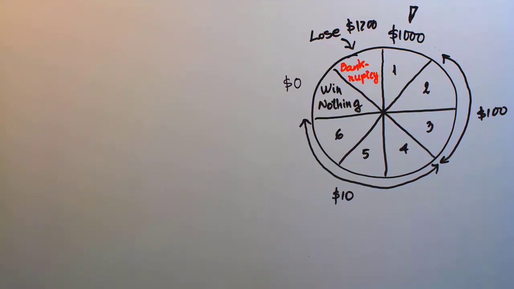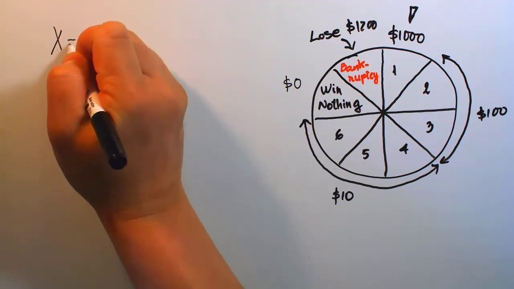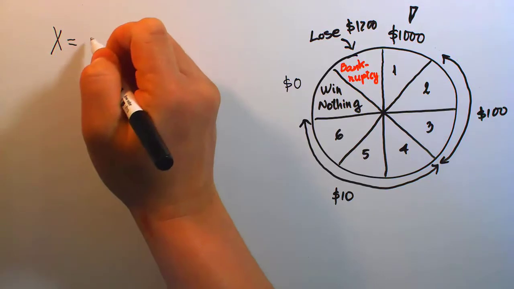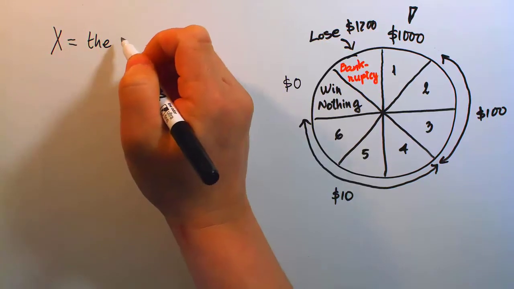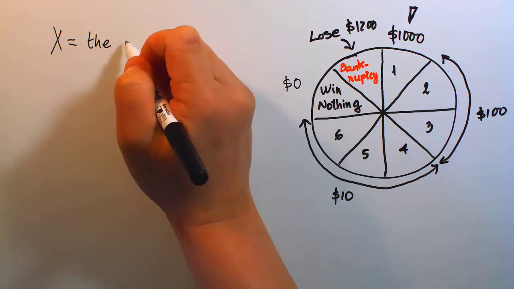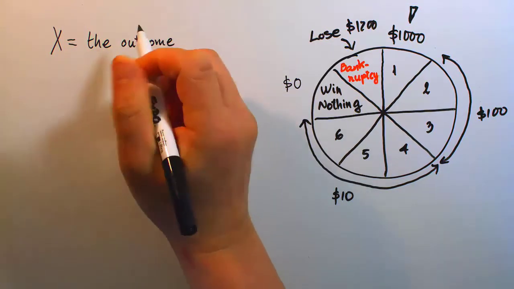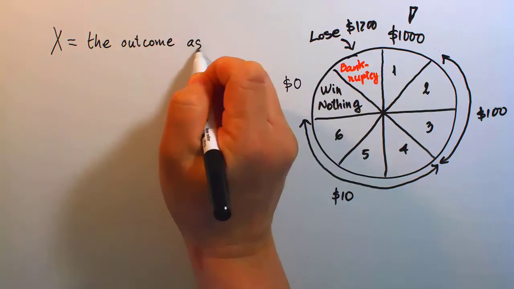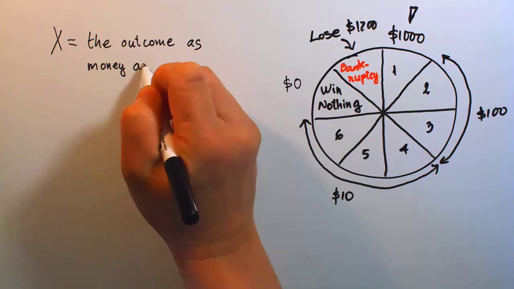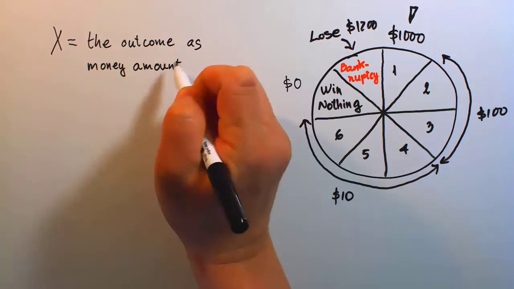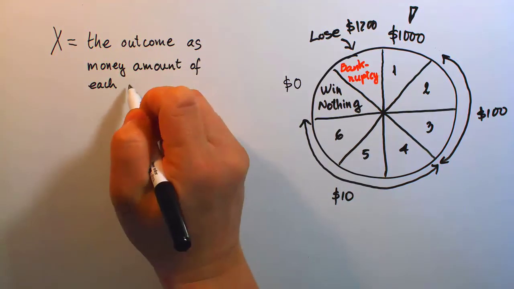And in that example, I spent some time explaining how we defined the random variable. So let me first redefine the random variable X. X represents the outcome, as a money amount, of each game.